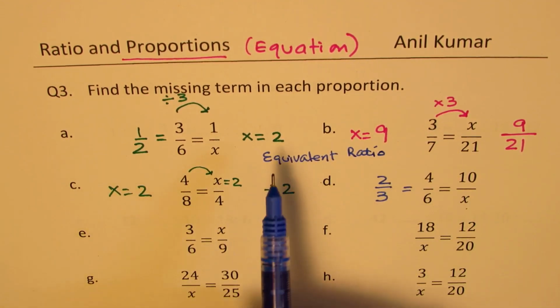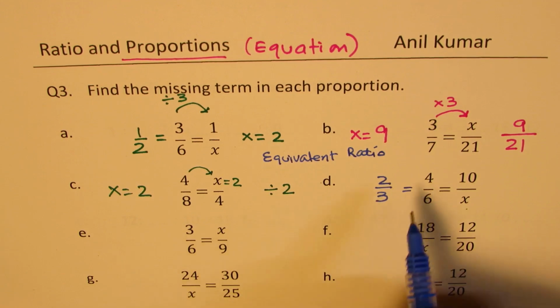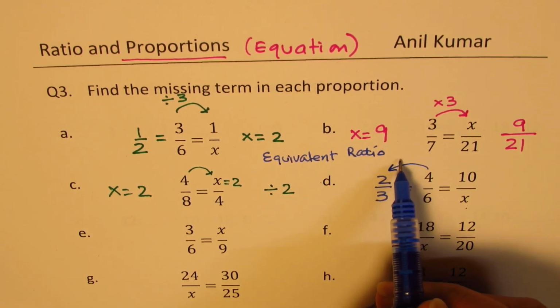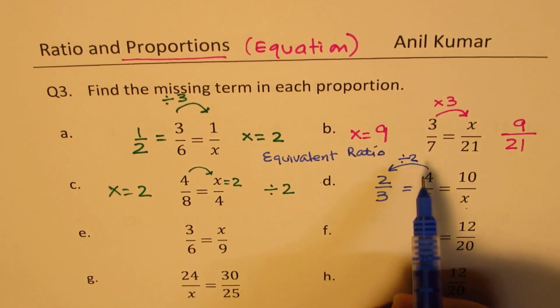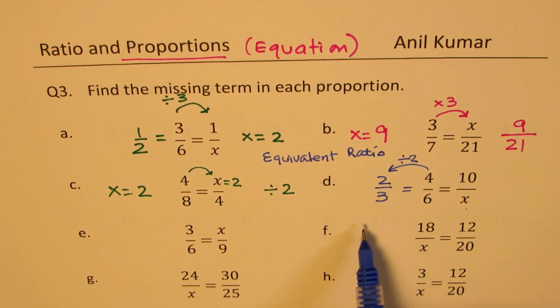Ratios can be written with colons or with fractions. Both are ratios, right? Now you can see we divided by 2, half of this, to get our equivalent ratio.